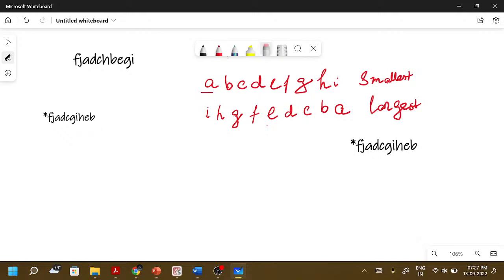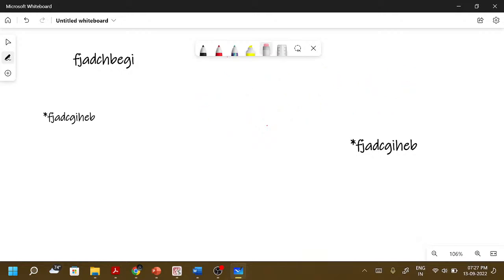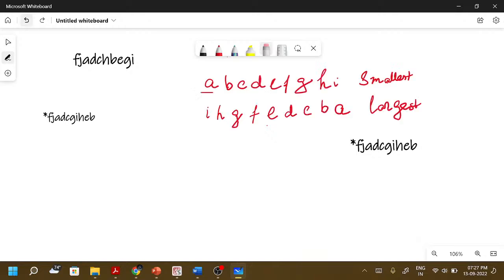Excuse me, sir. Can you explain the smallest permutation and largest permutation? It's just the difference. If we have a dictionary order, A to I, the smallest permutation is when all the letters are sorted in ascending order.